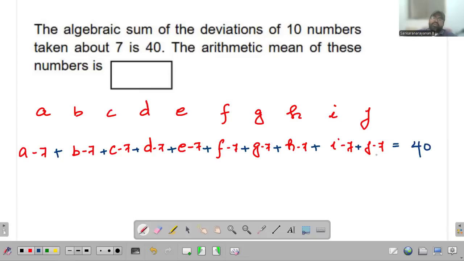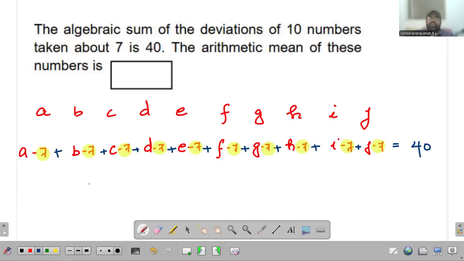Got it? You can see that this minus 7 is done 10 times here: 1, 2, 3, 4, 5, 6, 7, 8, 9, 10. All these are minus 7.